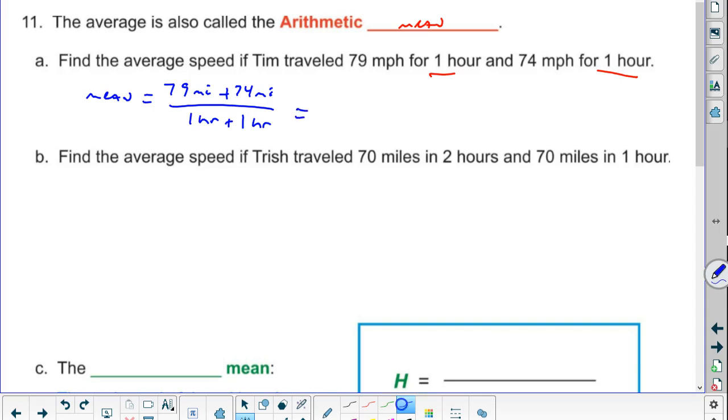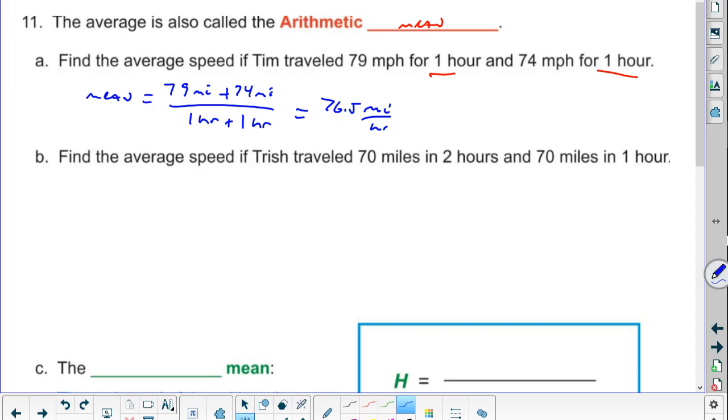And we still end up at 76.5 miles per hour, right? True? Okay. You say, okay, so why did you even need to show us that? We just would have gotten 76.5 anyhow.